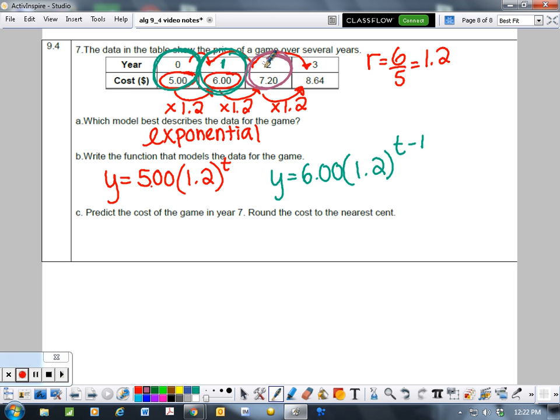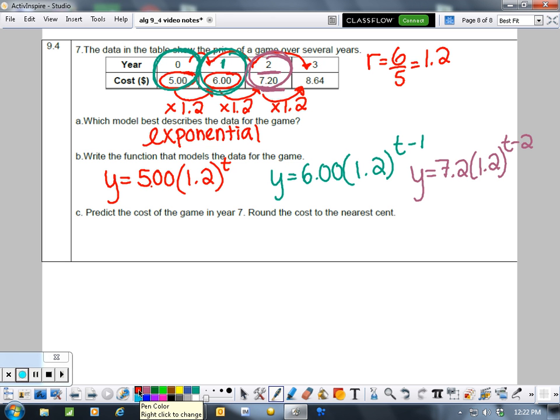Then my equation would look like y equals 7.2 times 1.2 to the t minus 2 power, because here's my starting value 2 years after, on year 2. And all 3 of these functions will give us the same answer. So you're going to start seeing that I'm going to have a harder time grading stuff, because there are going to be 4 different answers that give us the exact same thing.